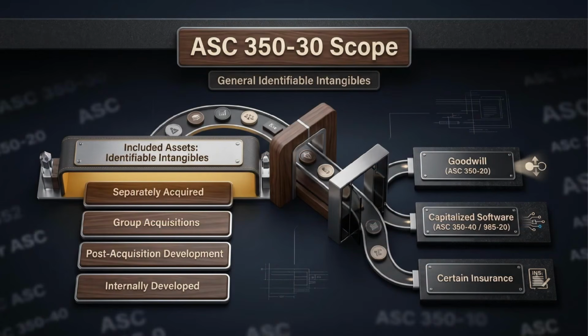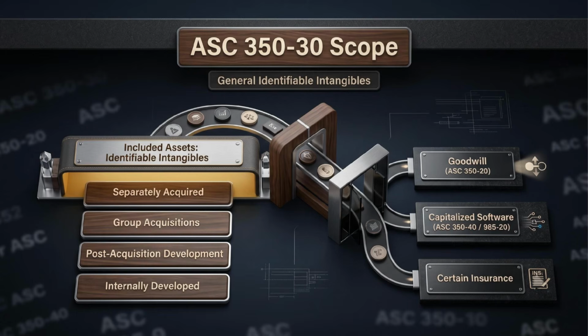ASC 350 subtopic 30 is the main home for identifiable intangible assets other than goodwill. It covers separately acquired intangibles, group asset acquisitions, post acquisition intangibles, and internally developed identifiable intangibles when recognition criteria are met. But it does not cover everything.